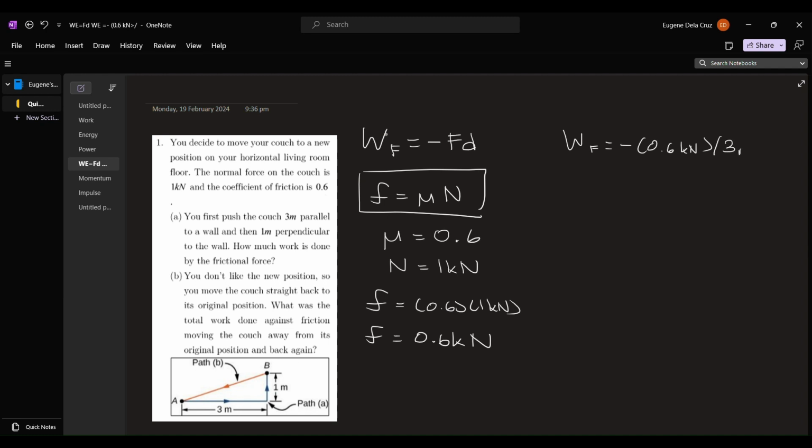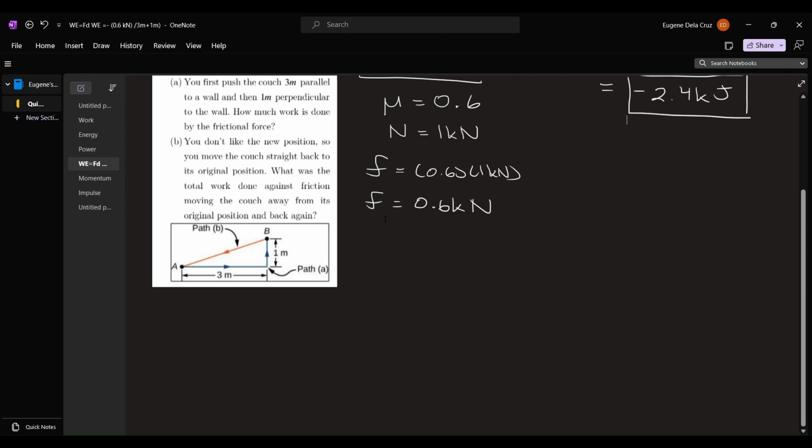So it will be 3 meters plus 1 meter, or negative 0.6 kilonewtons times 4 meters, or simply negative 2.4 joules, or kilojoules since we use kilonewtons. So that will be our final answer for letter A. So therefore, the work done by the frictional force is negative 2.4 kilojoules.